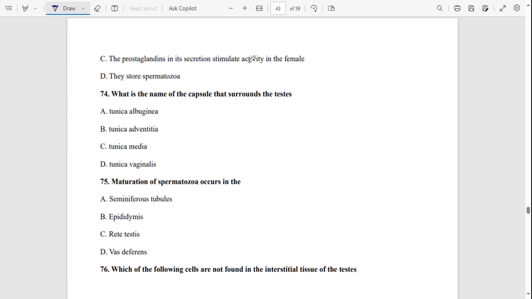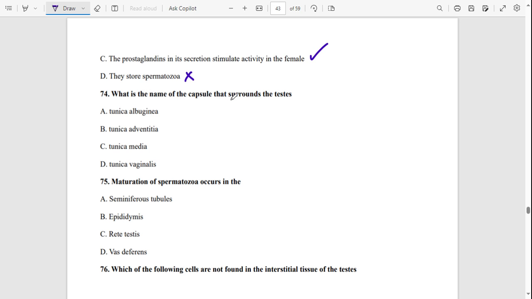Prostaglandins in its secretion stimulate activity in the female. This is true. When sperms go into the female reproductive system, they might be considered as foreign. So the prostaglandins are there to make sure that they are not treated as foreign, so they are not destroyed. They store sperm, not them.